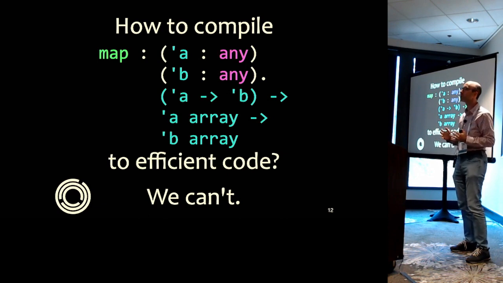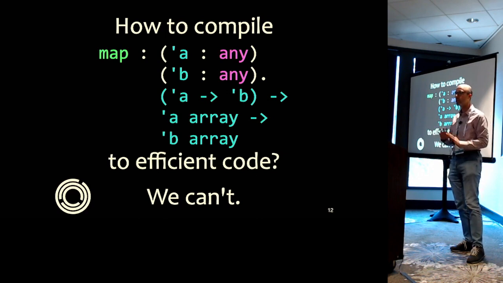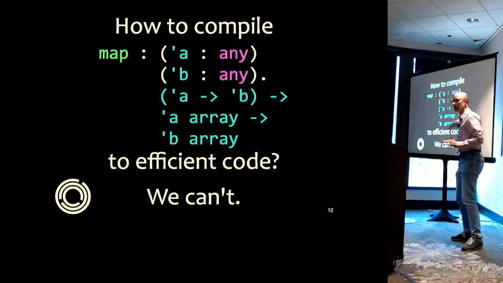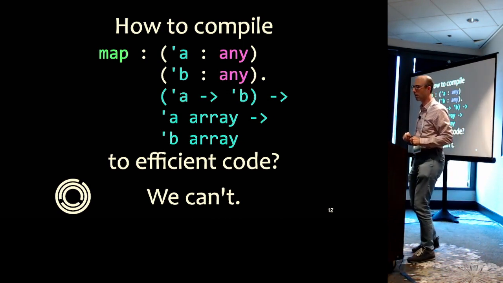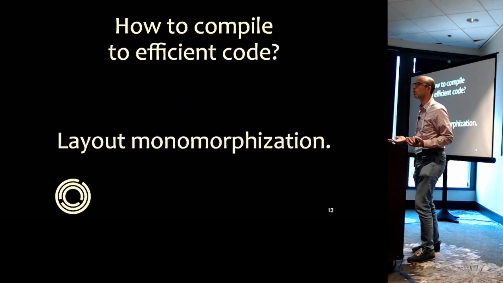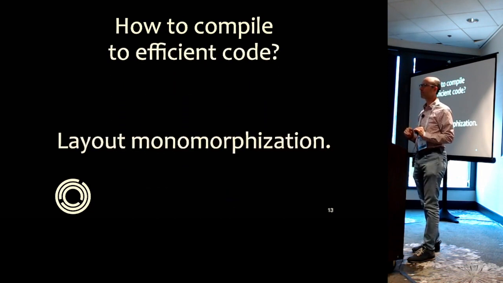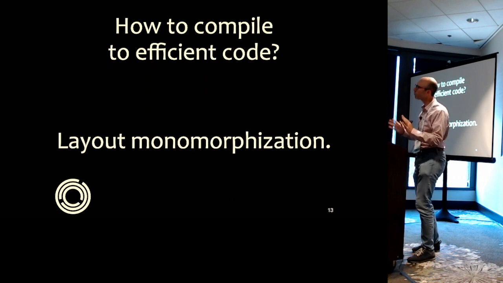That's going to be really slow because it requires extra branches at the beginning of every single map. We don't want to do that. So efficient is carrying something here, right? We could do the inefficient thing really easily. But we can't do it efficiently. So what are we going to do? Well, we're going to do layout monomorphization. Right? This isn't a huge surprise. It's what other languages do.